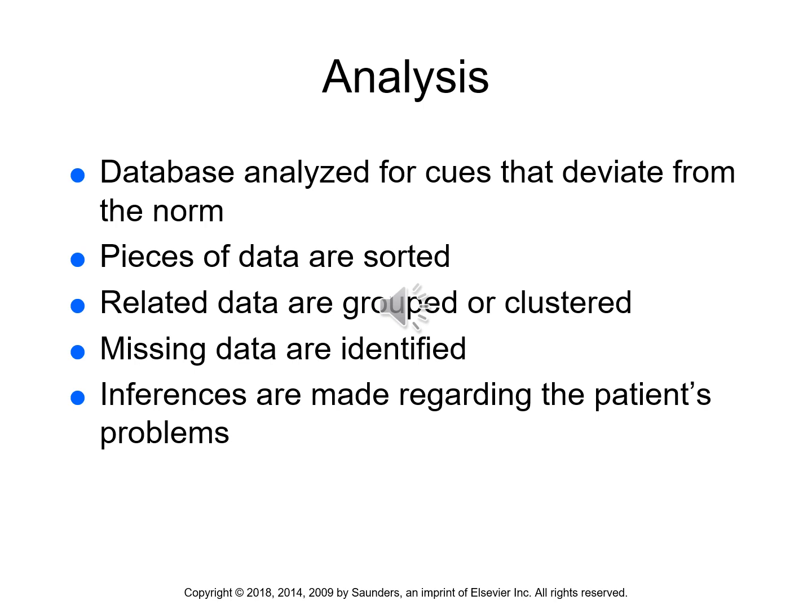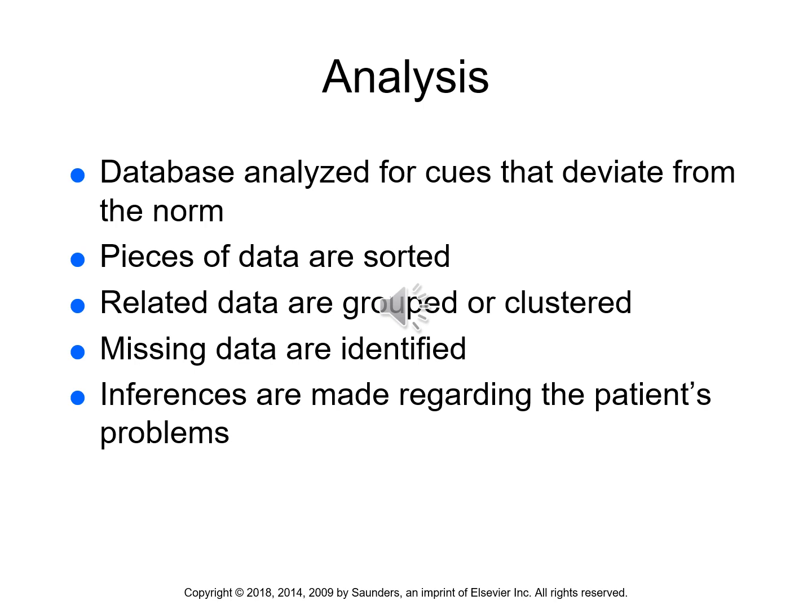Okay, so once we gather all the data, the database is then analyzed for any cues that might indicate deviations from the norm. We sort the data, and then the data is grouped or clustered.